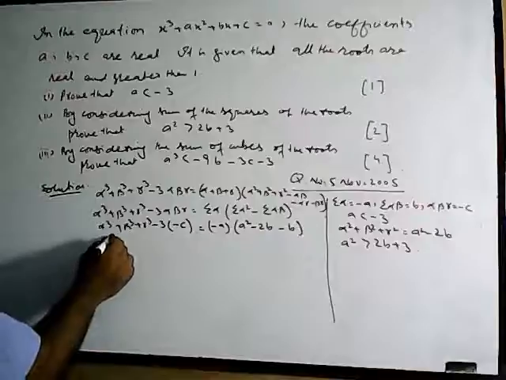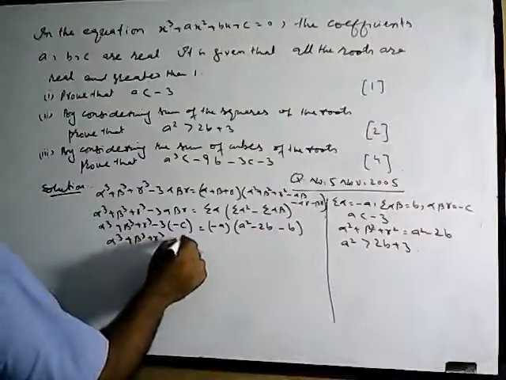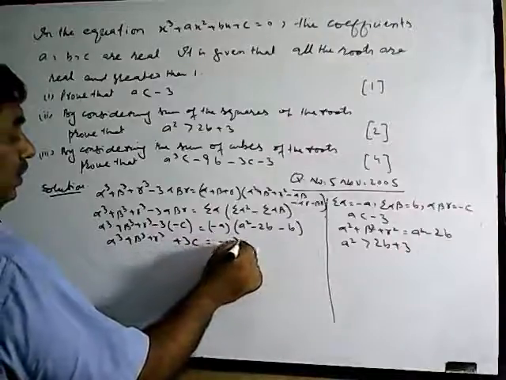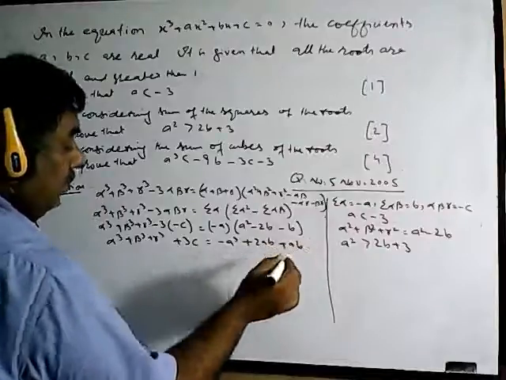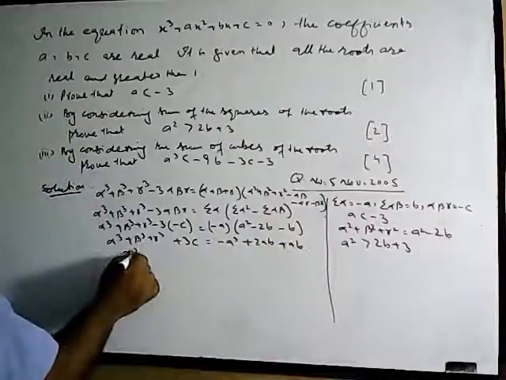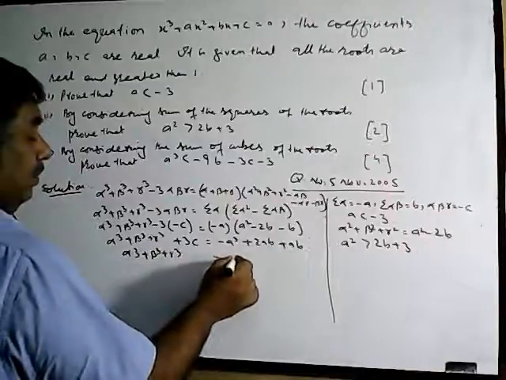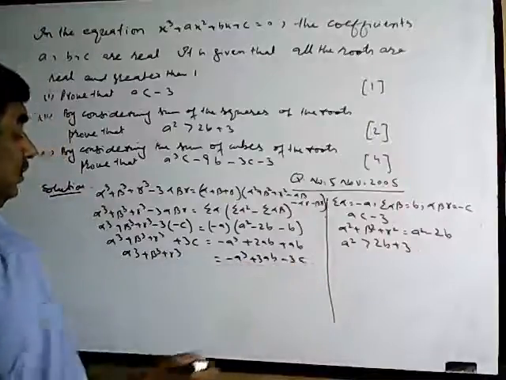So alpha cube plus beta cube plus gamma cube plus 3c is equal to minus a cube plus 2ab plus ab. So alpha cube plus beta cube plus gamma cube is equal to minus a cube plus 3ab minus 3c.